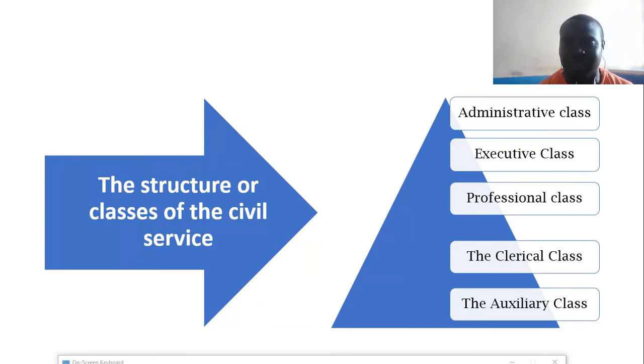The next in the cadre is the professional class. Just as the name implies, professional. This class of officers is recruited as a result of their specialized training. They must have been trained in certain areas, and their recruitment is based on those areas where they've acquired training. It could be scientific, technical, or in other relevant knowledge areas.